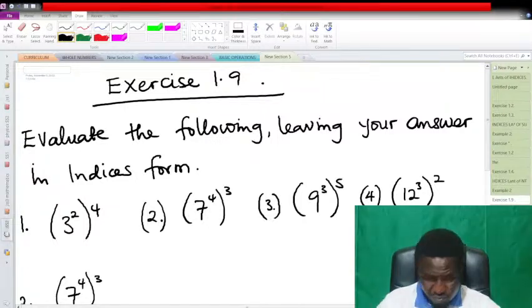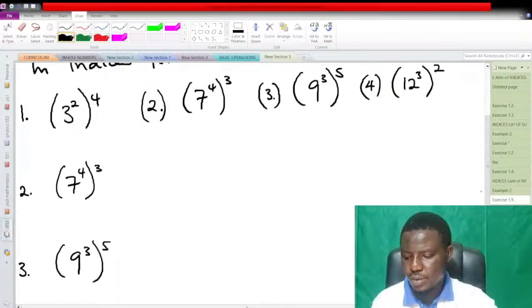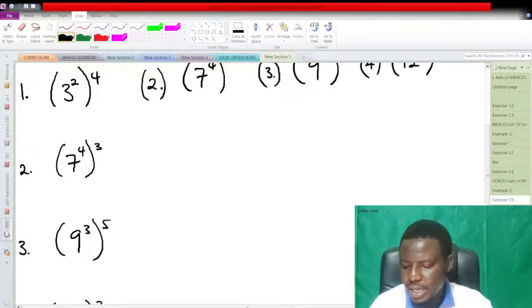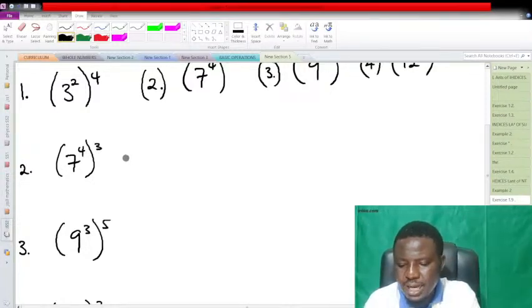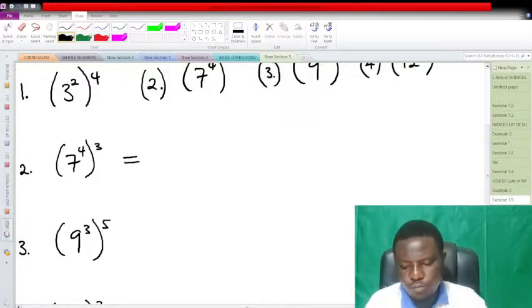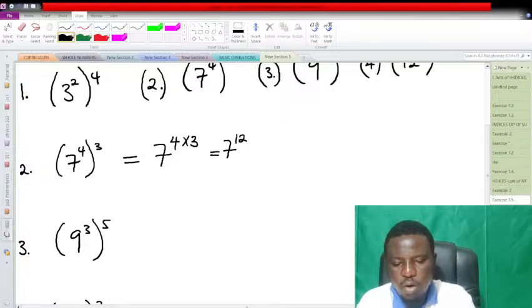So let's solve. Example 2, I'm going to solve example 1 at the end. Example 2, with our knowledge of indices law of multiplication, this can be said to be 7 raised to the power of 4 times 3, which is equal to 7 raised to the power of 12.